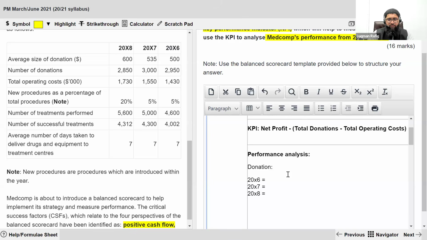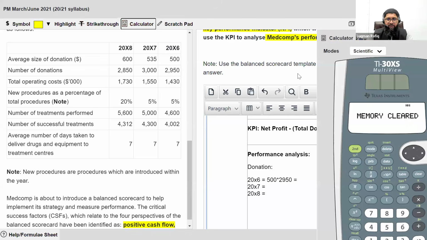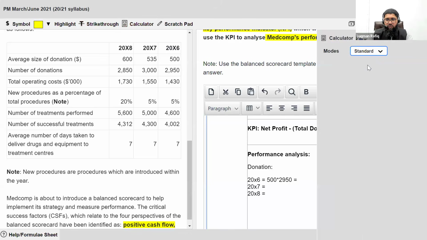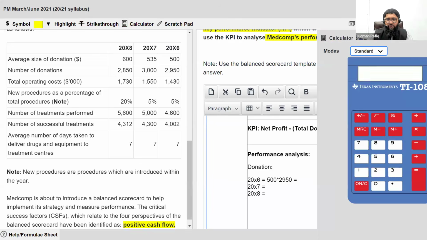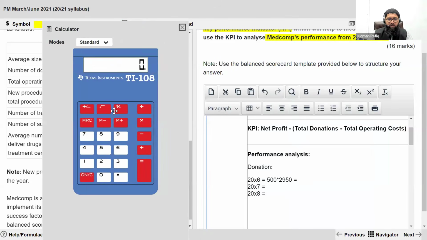It is going to be 500 multiplied by 2950. You have to have the calculators; it's also given in here, so just use the calculator. 500 multiplied by 2950 is 1,475,000.